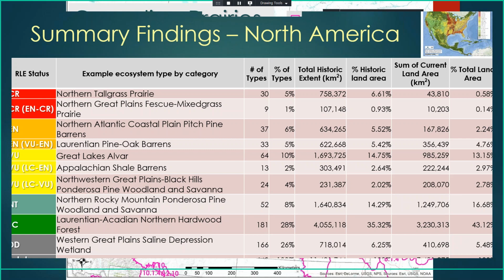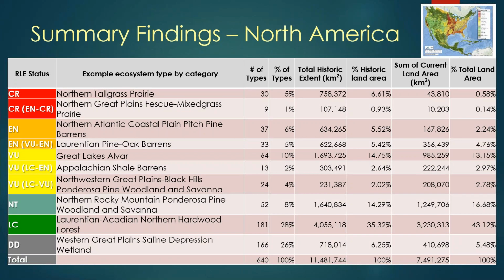The fescue mixed grass also right up in there. Others that you could see examples of in this table fall into these different categories of endangered or vulnerable to near threatened to least concern. And of course, there's a lot that are data deficient. We've got a lot of types that need a lot more work so that we can have a real solid Red List score for them.